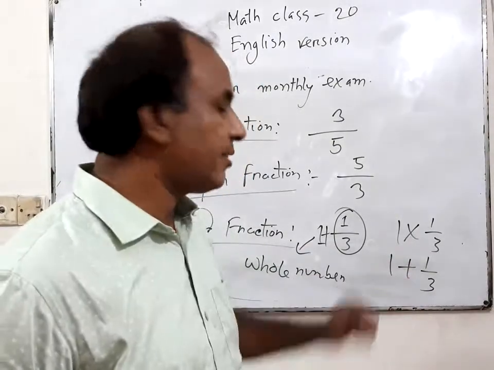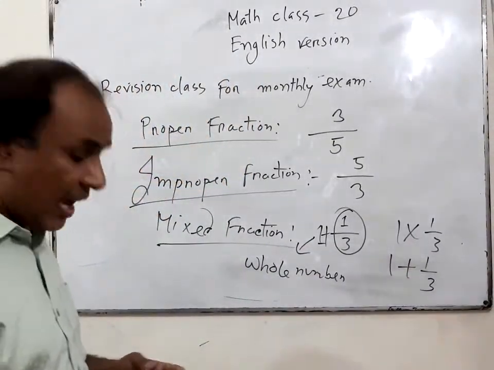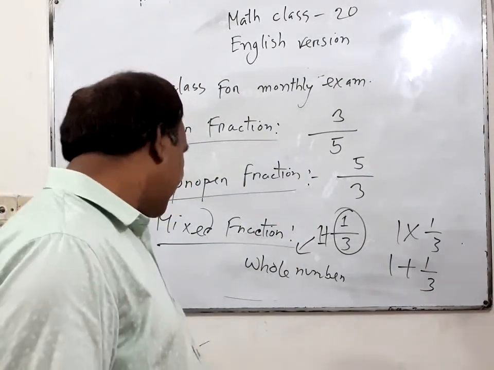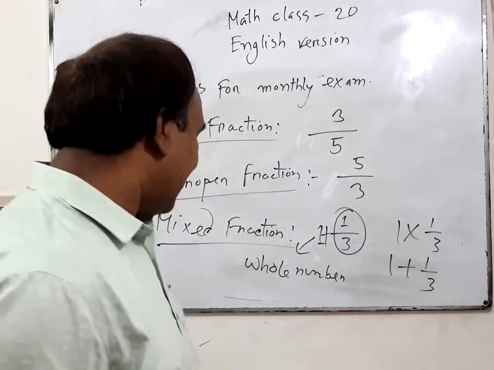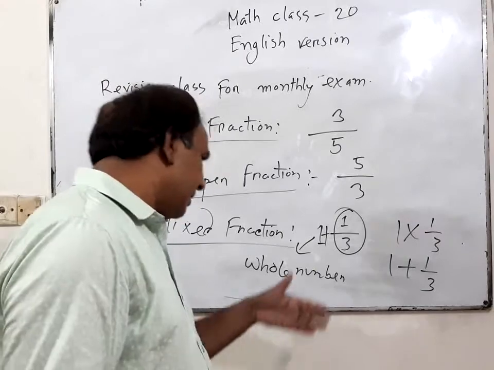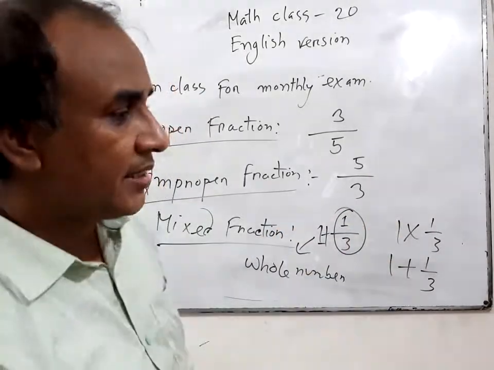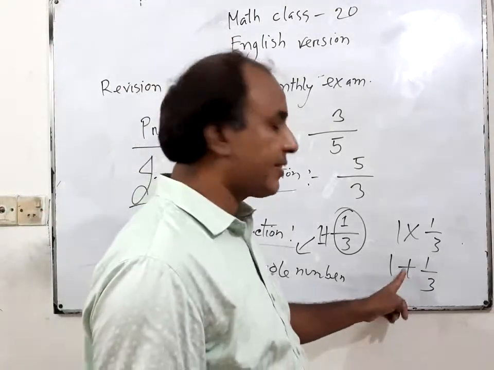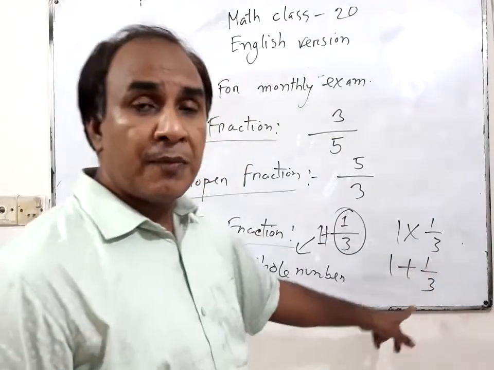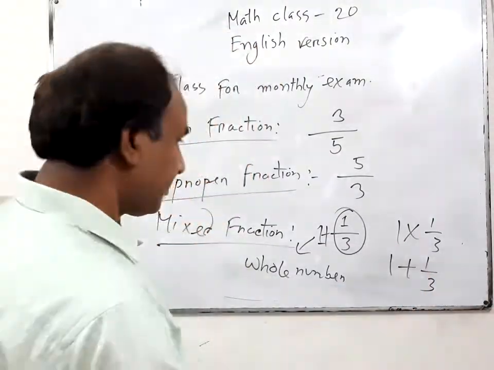No, there is a plus sign. So if your teacher asks which sign is between the integer part and the proper fraction part in a mixed fraction, we have to say there is a plus sign, not a multiply sign. Okay.